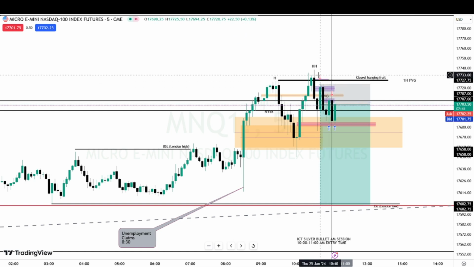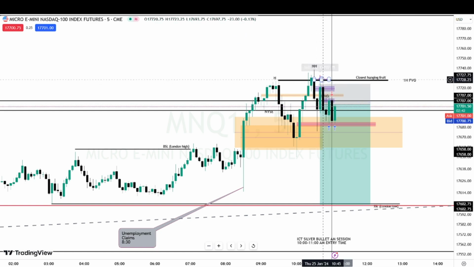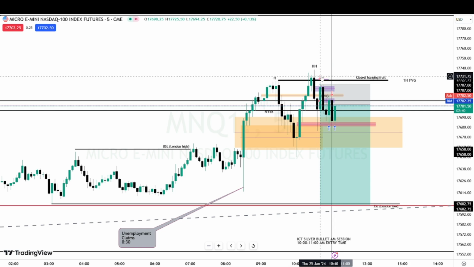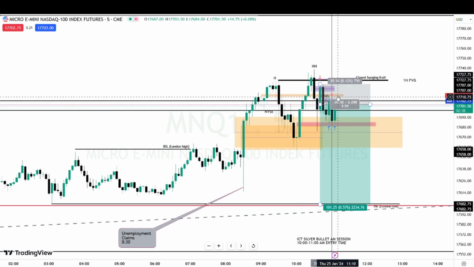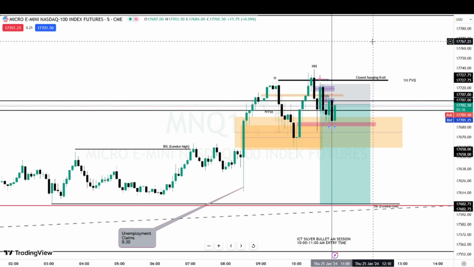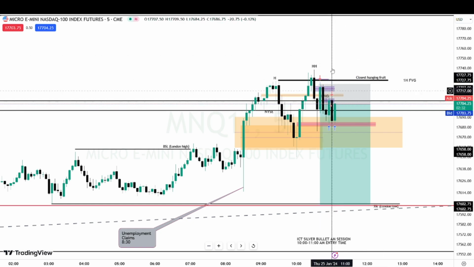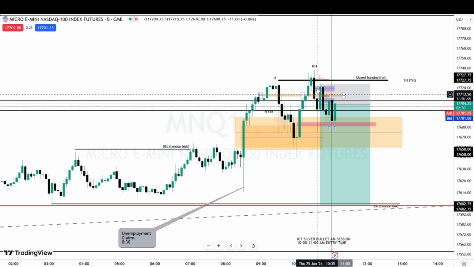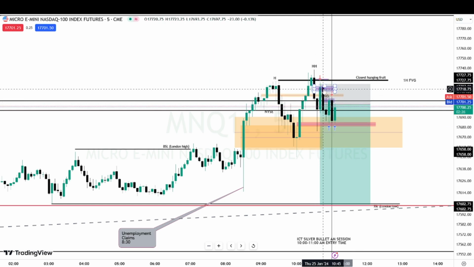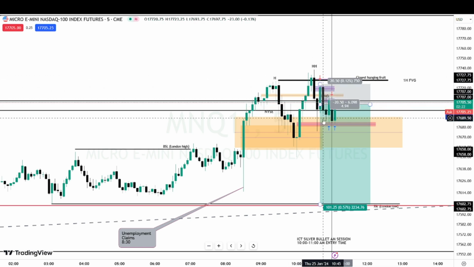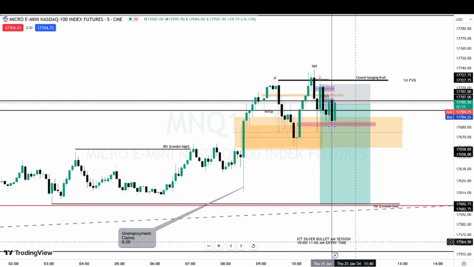So if we hold it, where did you enter the first time? Okay, it's somewhere here, almost the same area. Even with the first one, almost the same area. We entered at the same area because we utilized this fair value gap as the market price. And I was thinking to myself, at the time that I was entering this, that I messed up for the day.